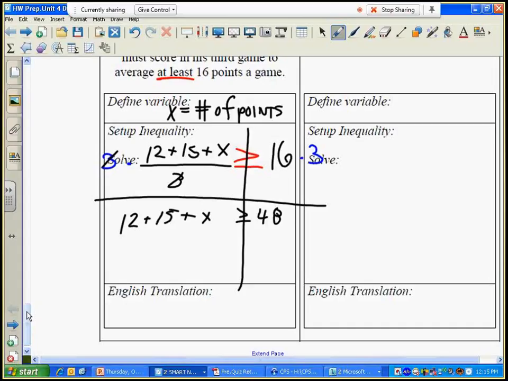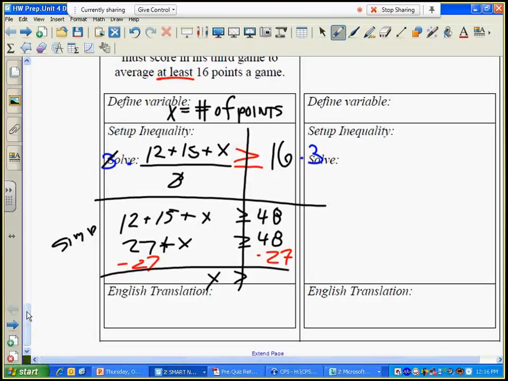Notice that 12 and 15 are just 27, so I'm actually going to simplify over here. Combine those two together. Then what I can do is just subtract away the 27 in order to solve for x. And when I do that, I'm going to get x is greater than or equal to 21.